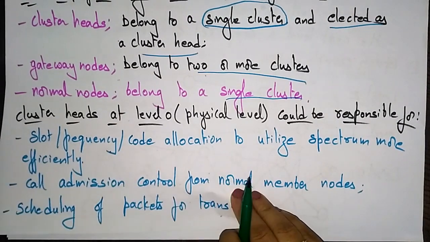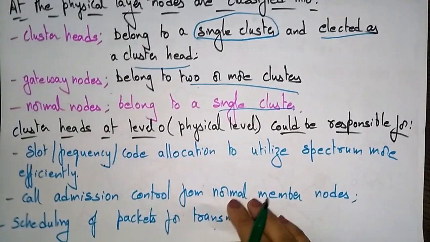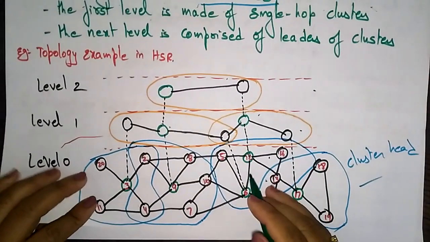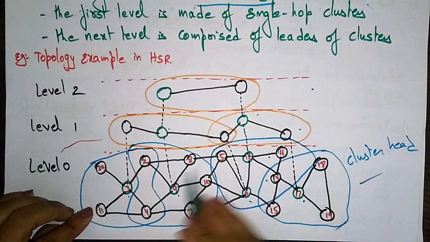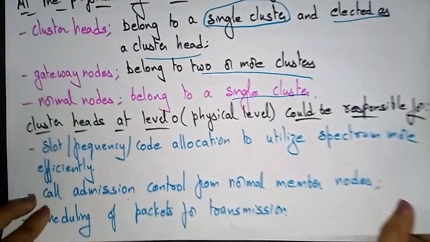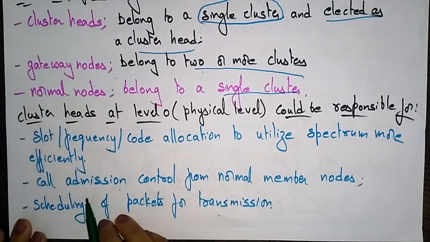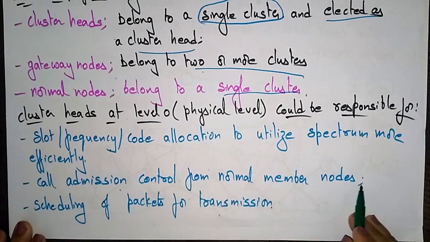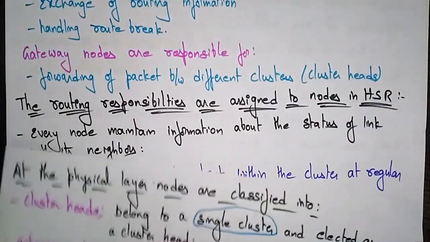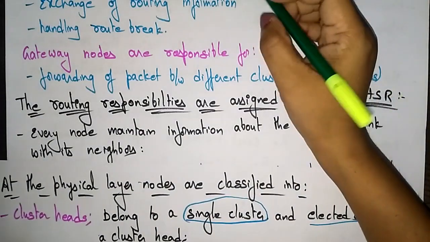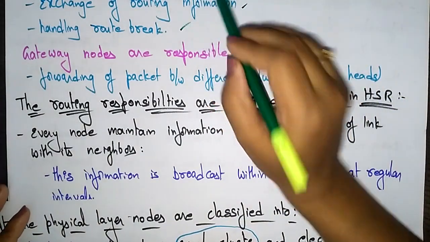So these are the responsibilities of the cluster heads at level 0. Here the cluster heads are 3, 9, 12, 6, 17. Their role is call admission control from normal member nodes and scheduling of packets for transmission. They also do the exchange of routing information and handle route breaks.